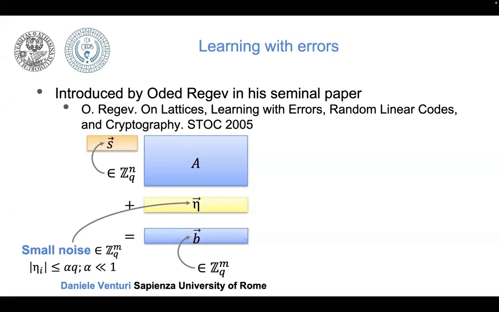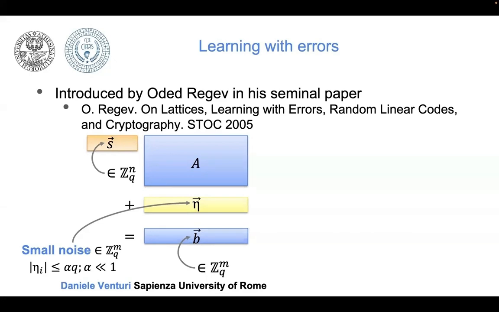And there are actually many ways to create this noise. For instance, it could be Gaussian, or a discretized version of the Gaussian, because this is discrete, which satisfies this property because of the classical tail bounds for Gaussians. So it's very unlikely that the magnitude of the noise is large.